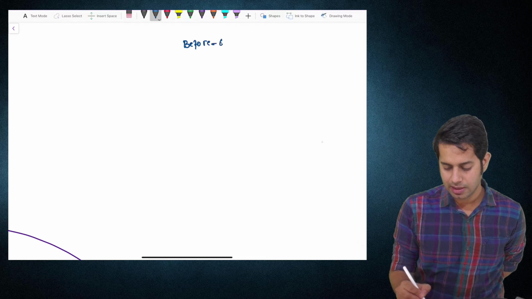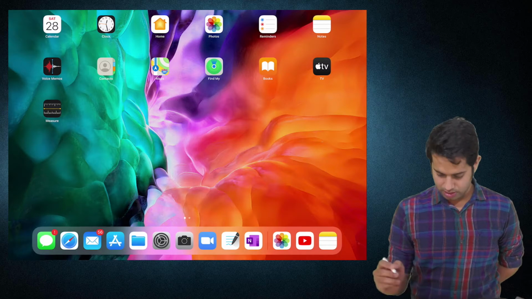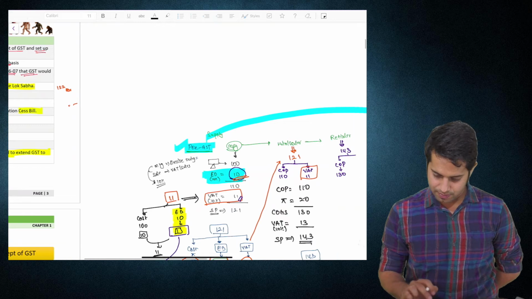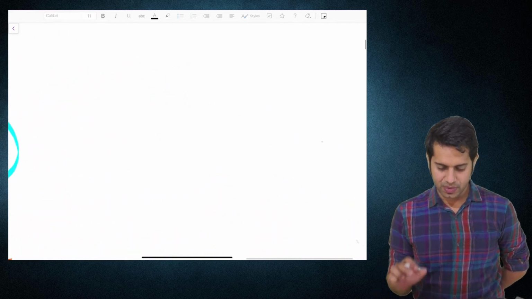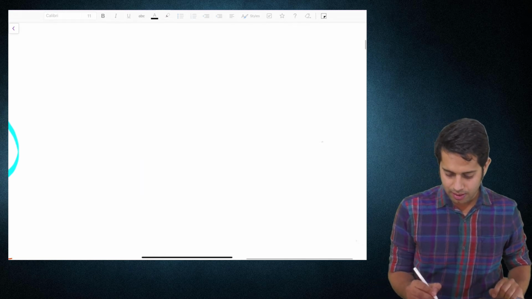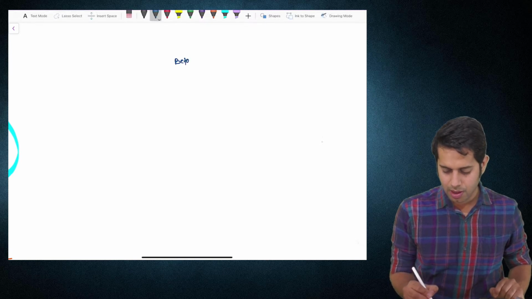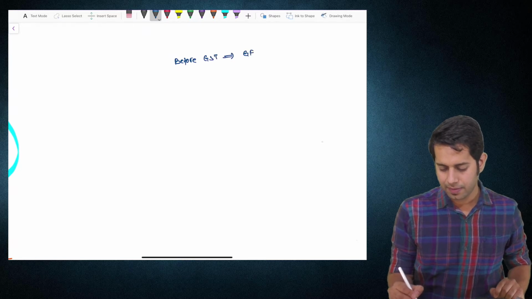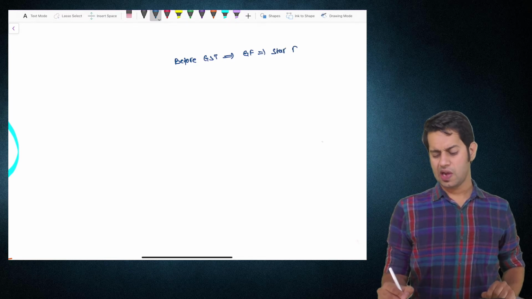Before GST, I took my girlfriend to a 5-star restaurant.